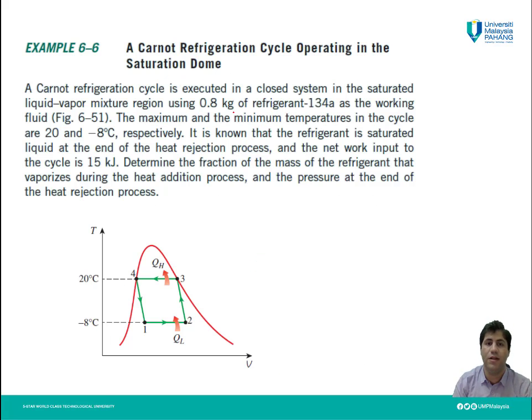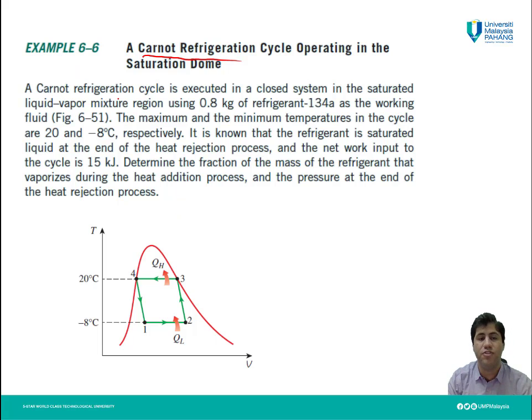Then we will see some examples to see how we can calculate the efficiency or coefficient of performance for a refrigerator or heat pump. Here in this example, we have a Carnot refrigerator, which means it is working in a Carnot refrigeration cycle. Then we will see how we can determine the thermal efficiency and also other properties for these refrigerators.